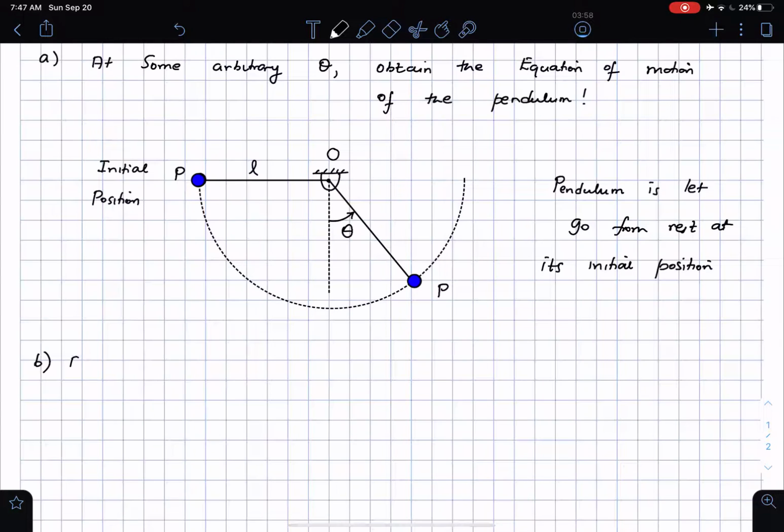So at some theta from the vertical, so this is the theta that is defined in the figure. At some arbitrary theta, measured from the vertical, the string of the pendulum is cut.